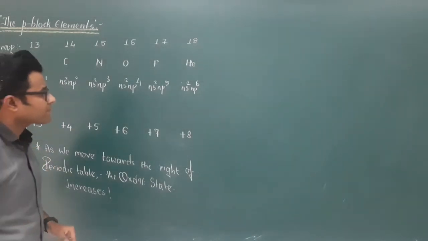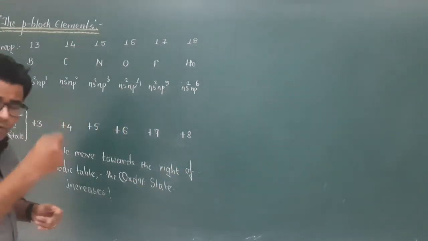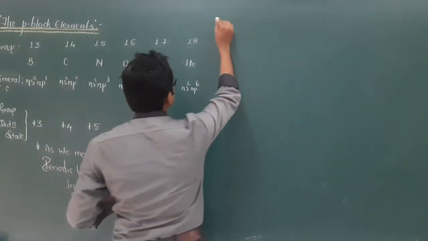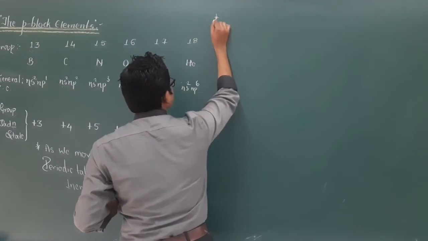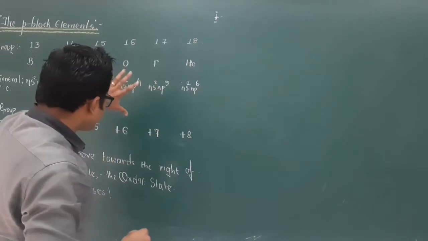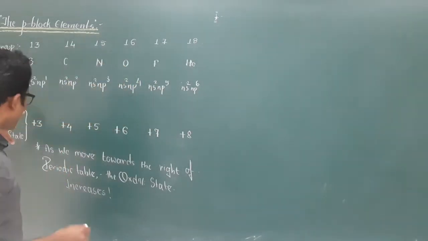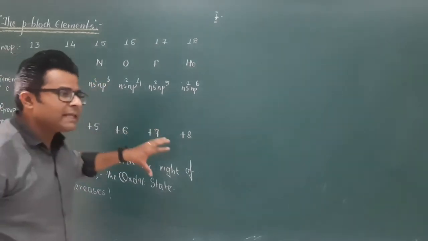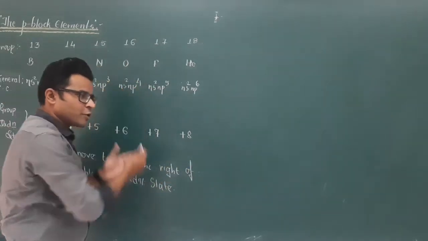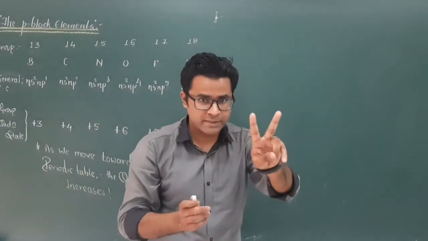Right. Now moving forward with the next one, when we observe certain elements in this particular case, the oxidation state is, let's say, +6 according to the group oxidation state. But some elements of that particular group tend to show an oxidation state less by 2 units.